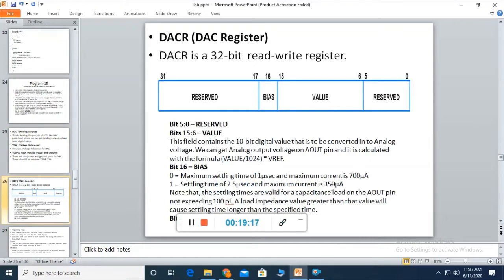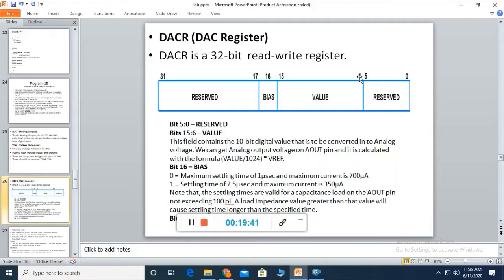So we will see what the register used to control your DAC is. Your DAC register is a 32-bit register. The organization of the 32 bits in your DAC register is something like this. The first 6 bits are reserved, we are not using them.